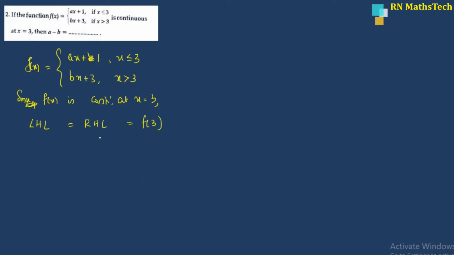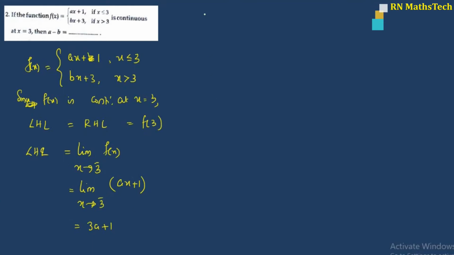Okay, now left hand limit is equal to limit x tends to 3 minus f of x, that's equal to limit x tends to 3 minus function value is ax plus 1. Okay, that is equal to 3a plus 1 is the left hand limit.